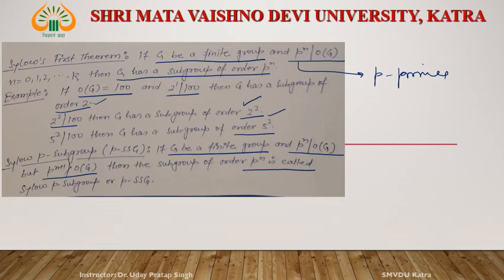Later on, in our next lecture, we will discuss in detail Sylow's first theorem and examples related to it. After that, we will discuss what are the commutator, nilpotent and other groups.